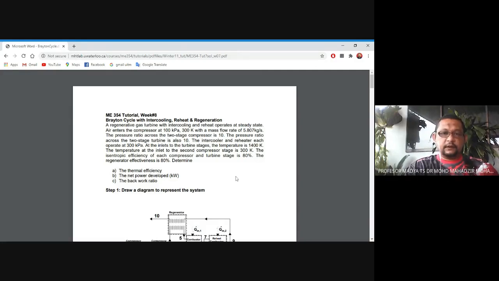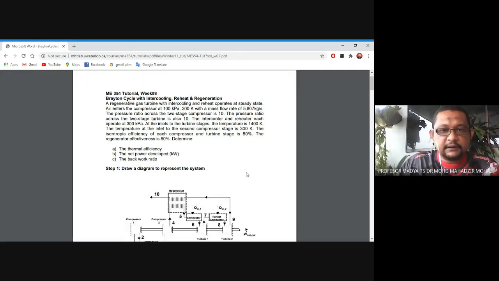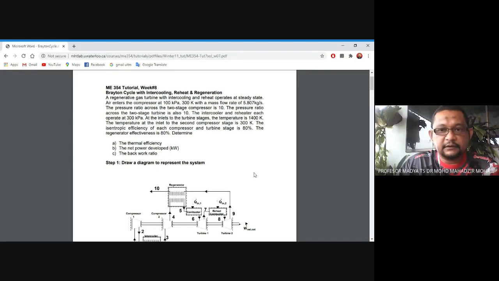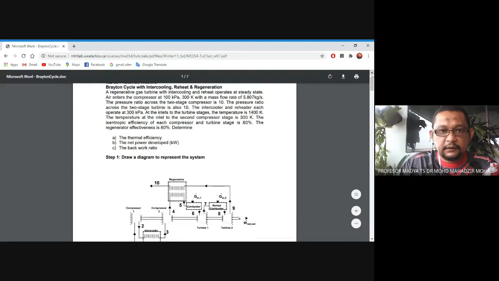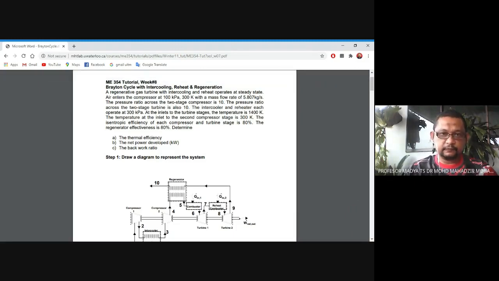Let's look at the example of a Brayton cycle with intercooling, reheating, and regeneration. This problem gives a regenerative gas turbine with intercooling and reheat operating at steady state.